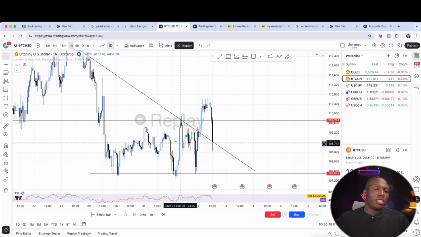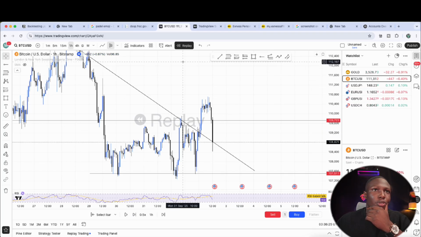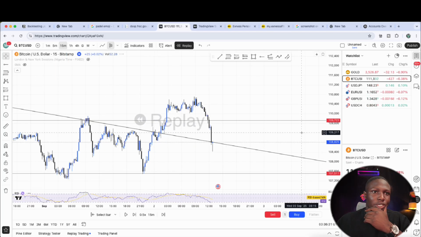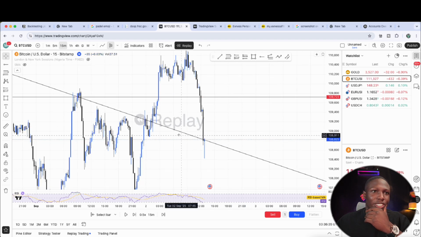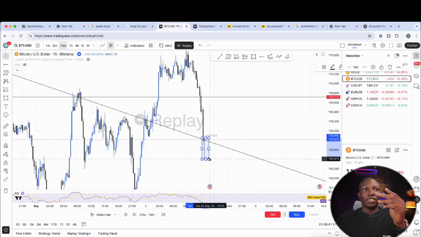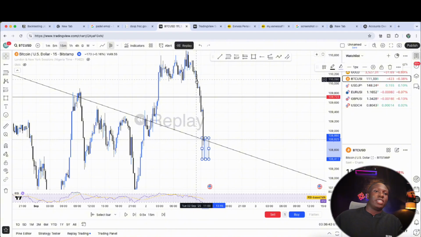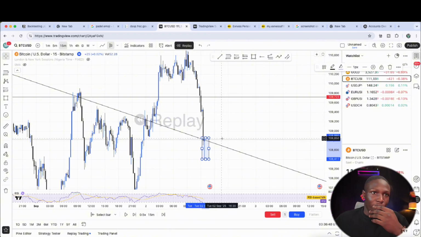The retracement is over now, and it's time for the bulls. Let's go on the 15 minutes to spot a candlestick reversal. Now this is a doji candlestick, which signals a reversal in the market, signaling the downtrend is over and the bulls are now in control. The bulls are going to push the market to the upside.